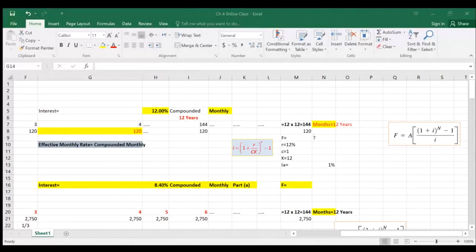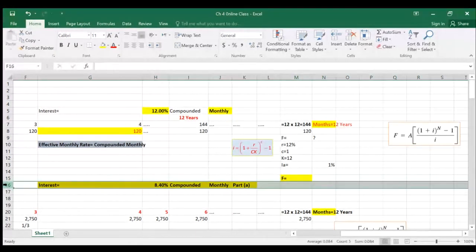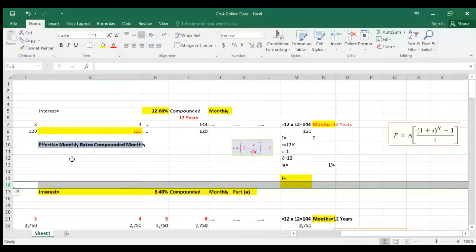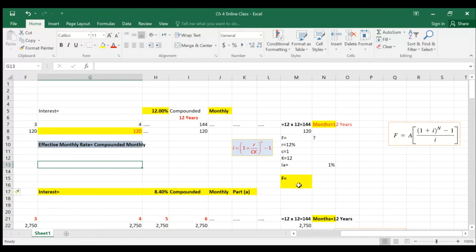Can someone double check? Yes, I equal to 1, N equal to 144, A is 120.